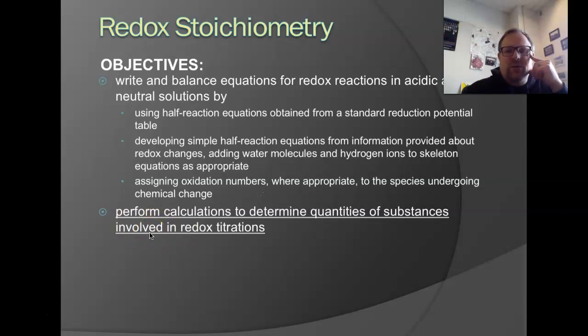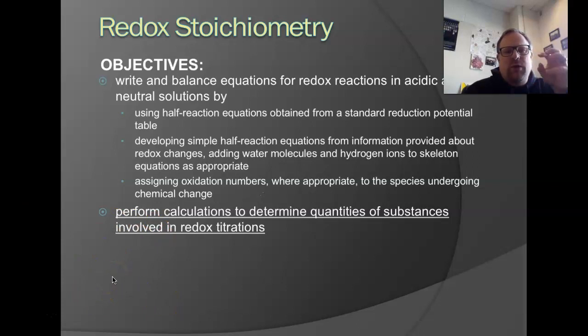After this, we're going to take everything we've done in this first half of the unit and really look at some practical applications of our understanding of redox chemistry or electrochemistry. So this will kind of end the chapter, so to speak, and move on to something new.